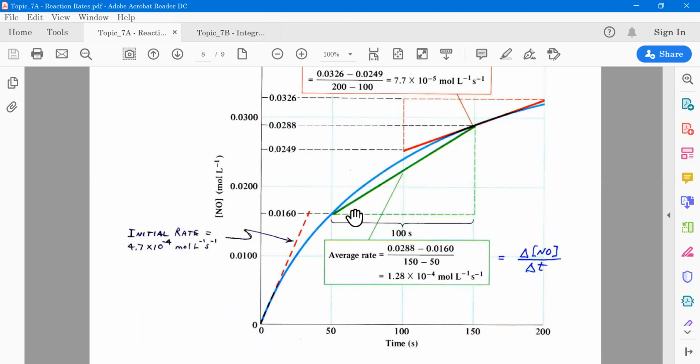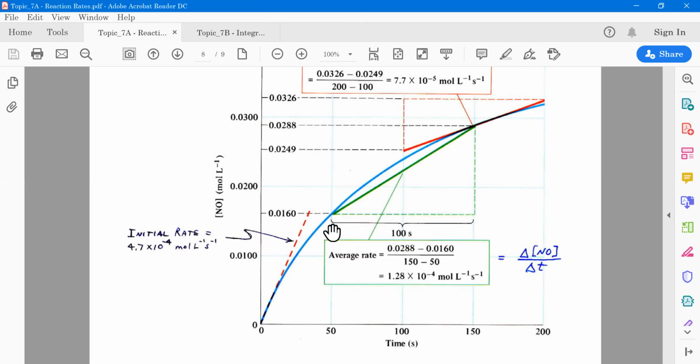But in this case, the average is simply the difference between the two endpoints of this average line here, which was from 0.016 moles per liter at the beginning of that time interval to 0.0288 at the end of it, which is another 100-second time interval. Taking the difference between those two and dividing by the 100-second interval gives 1.28 times 10 to the minus 4.